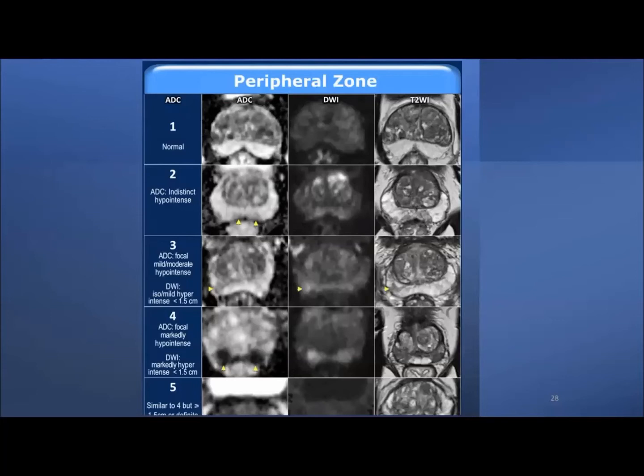So they sometimes create confusion, but other sequences will not show abnormality. That is one thing reassuring, especially the DWI and the ADC sequence.